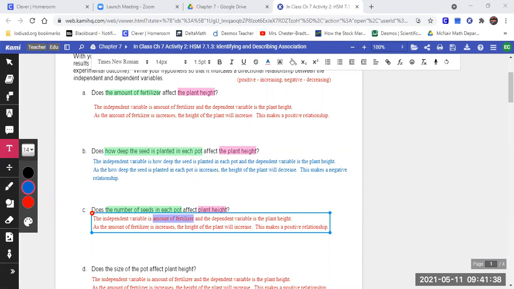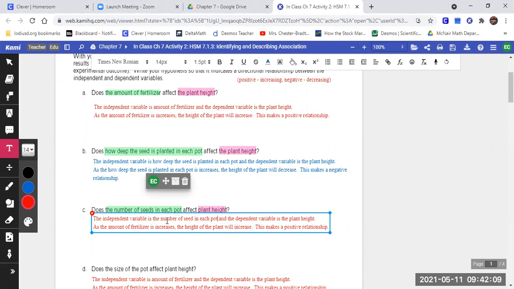Okay. So we think the number of seeds in each pot we have control over. Yes. Okay, so changing it to red, the number of seeds in each pot is the independent variable.